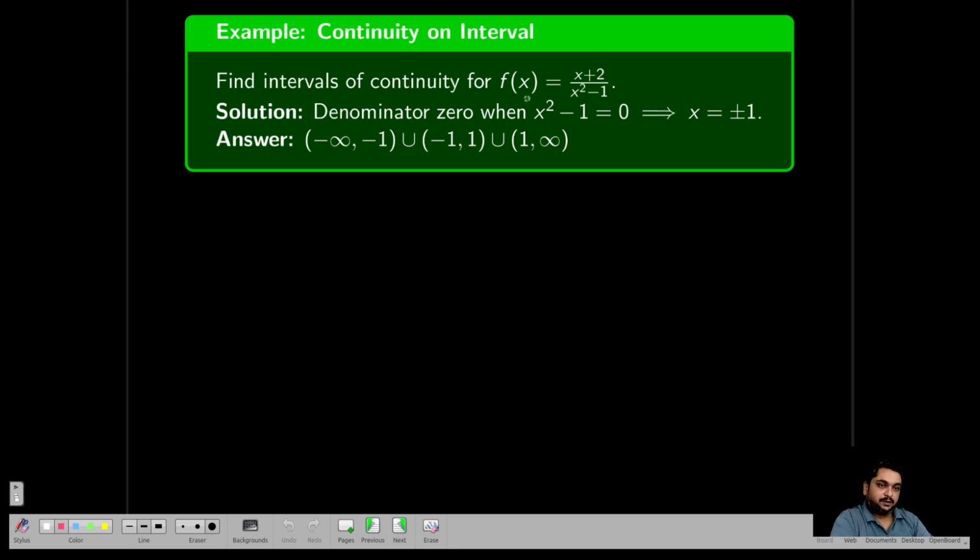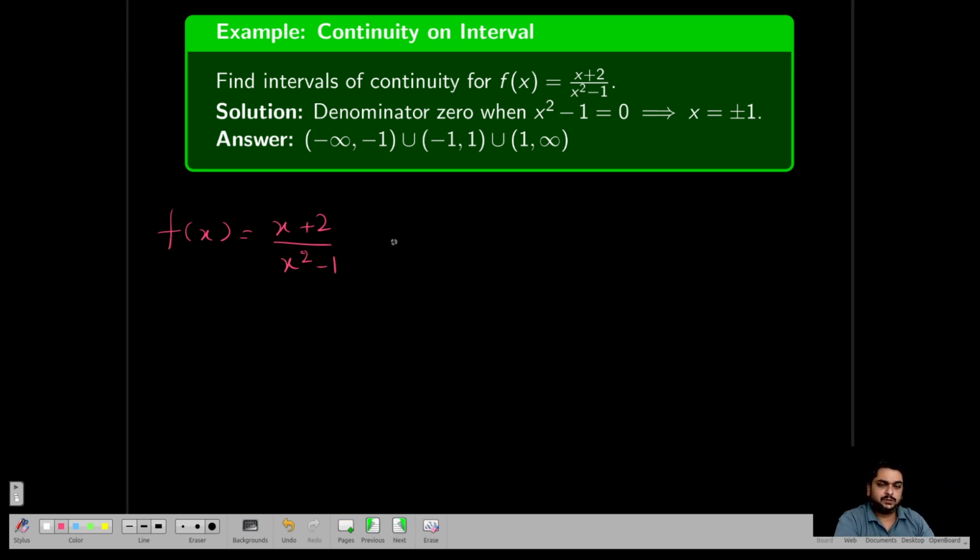Find intervals of continuity of f of x equal to x plus 2 by x square minus 1. Now you have to find out the intervals in which this curve is continuous. When you solved for the domain of a function, you found out in which intervals they are working, that means they are not undefined. It is the same thing here.